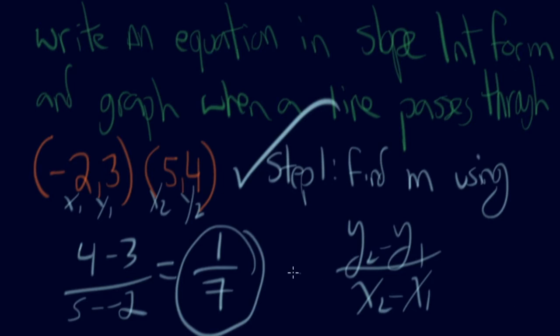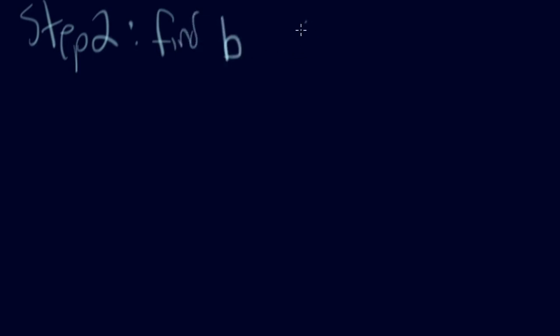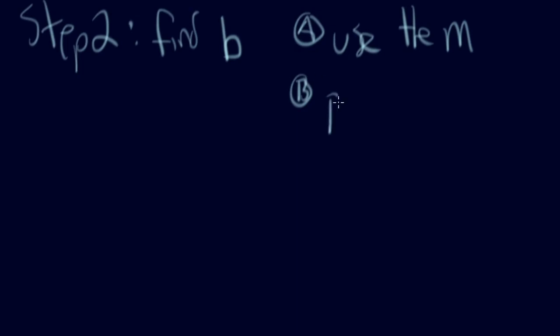And if you're thinking, I have my m, that's great. Well, what else do I need to graph? You need b. How would you go and find b? Step 2 is find b. And you have to use the m you just found and pick one point for x and y.